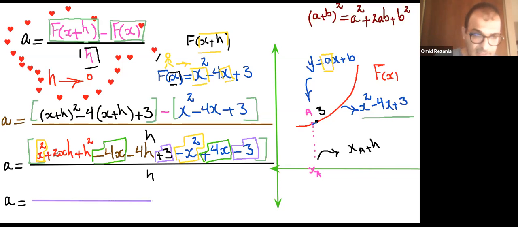Okay, the terms which are left, look at this. Let me highlight the terms for you. The terms which I have left are 2xh, h squared, and minus 4h. Guys, look at that.